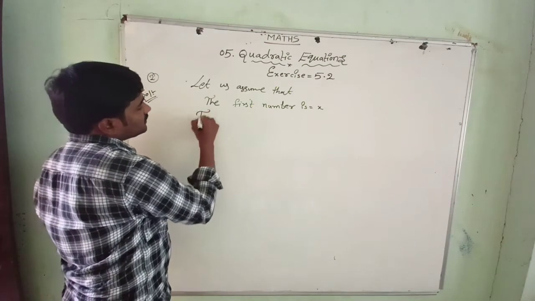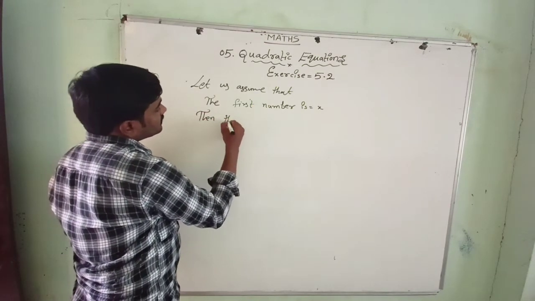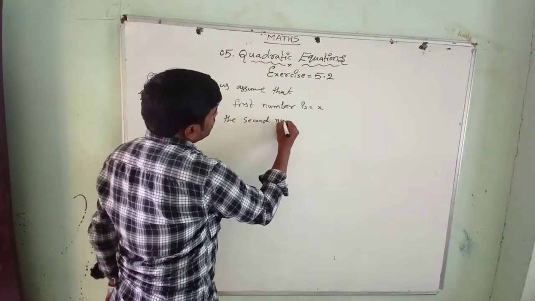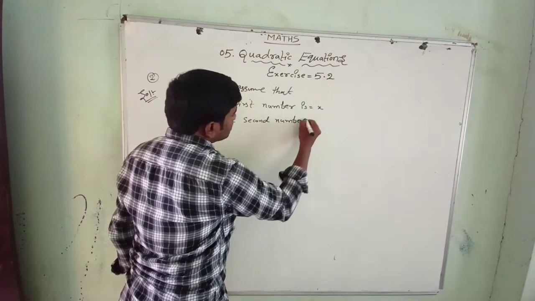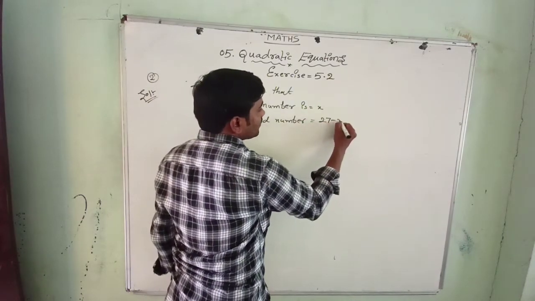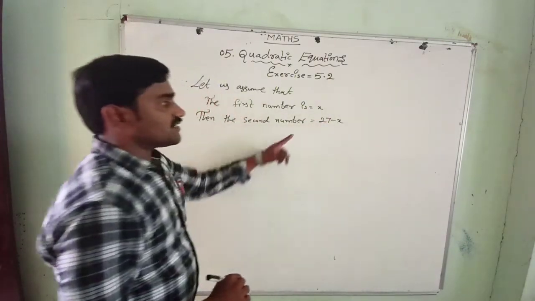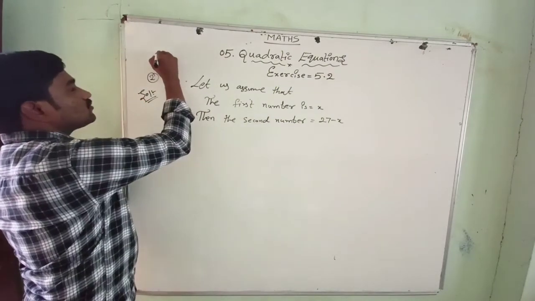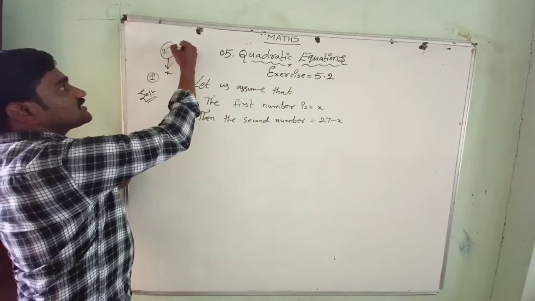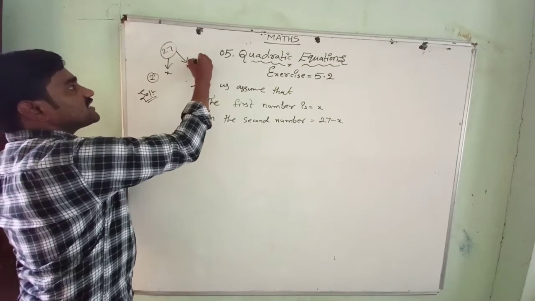Then the second number, let us assume like y. No, the second number will be 27 minus x. Why 27 minus x? When you add the two numbers we are getting 27, no? If one of the numbers is x, the second number will be 27 minus x.